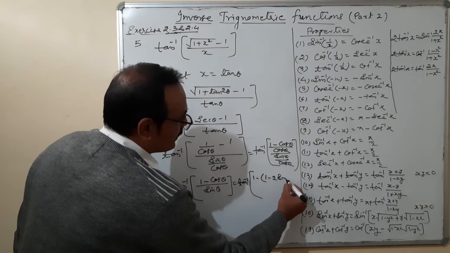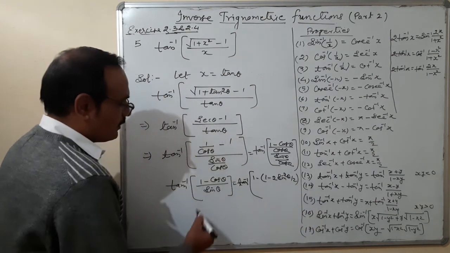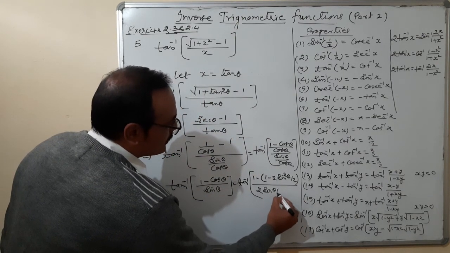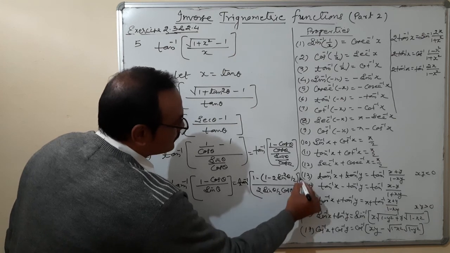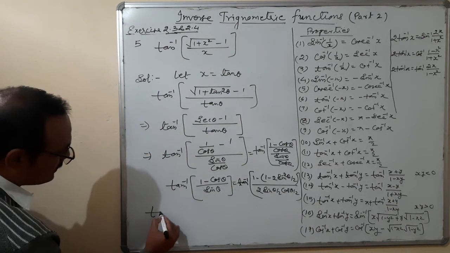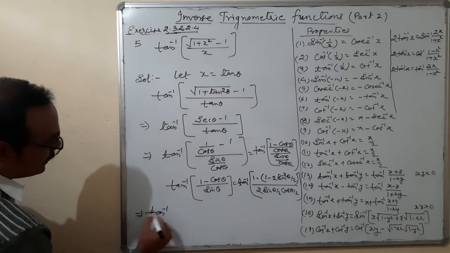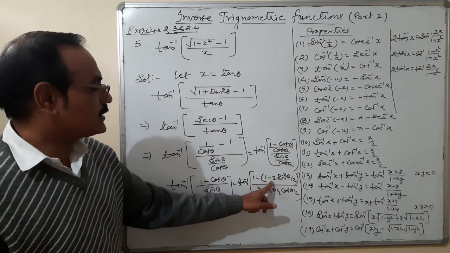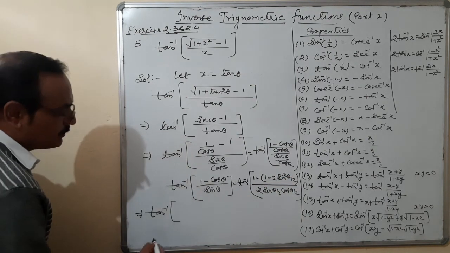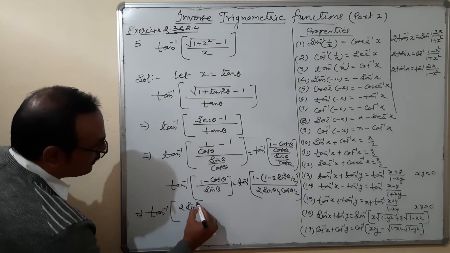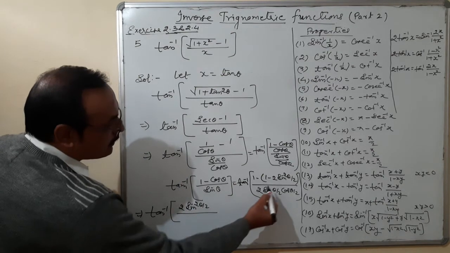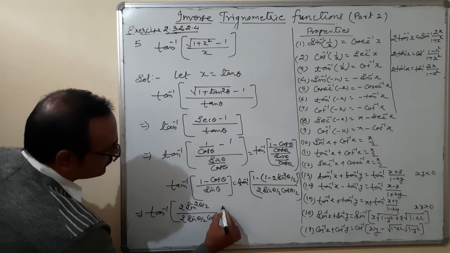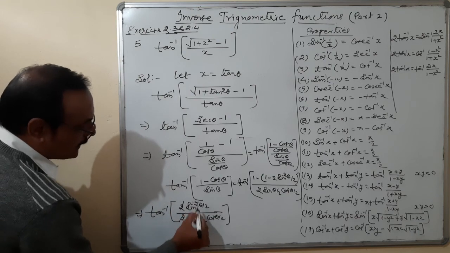Okay. So I am writing here tan inverse 1 minus, in place of cos theta, 1 minus 2 sin square theta by 2, upon sin theta, which can be written 2 sin theta by 2 cos theta by 2. It is coming tan inverse 1 minus 1 cancel, minus into minus it is plus 2 sin square theta by 2, upon 2 sin theta by 2 into cos theta by 2. 2 cancels, one sin is cancelled.